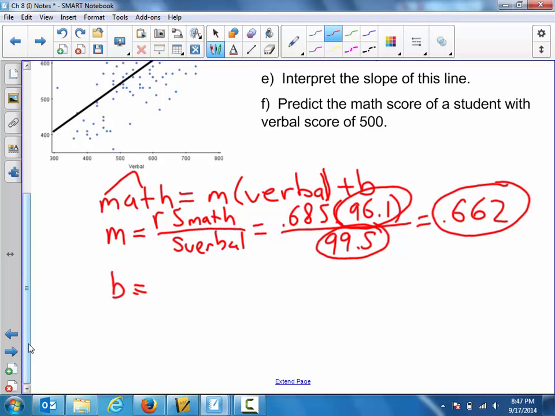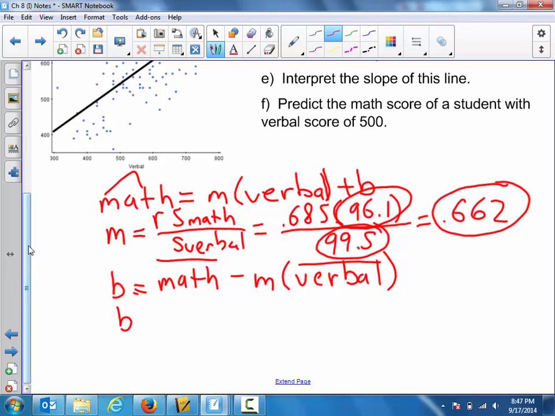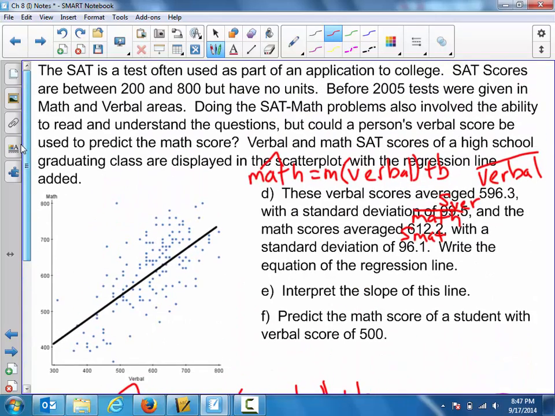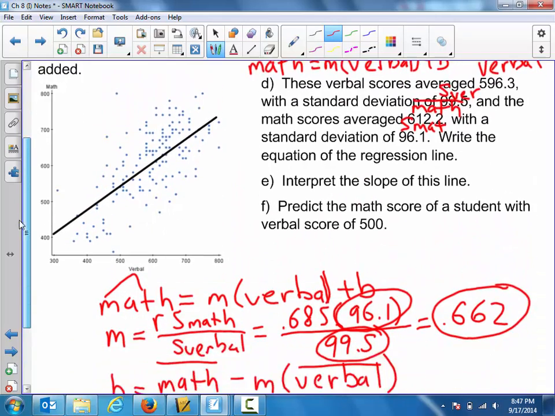The y-intercept we said would be b equals, because the data runs through the mean of both variables, the mean math score minus our slope times the mean verbal score in this case. I have solved that first red line for b and plugged in the mean for both math and verbal into the math hat and verbal variables here.